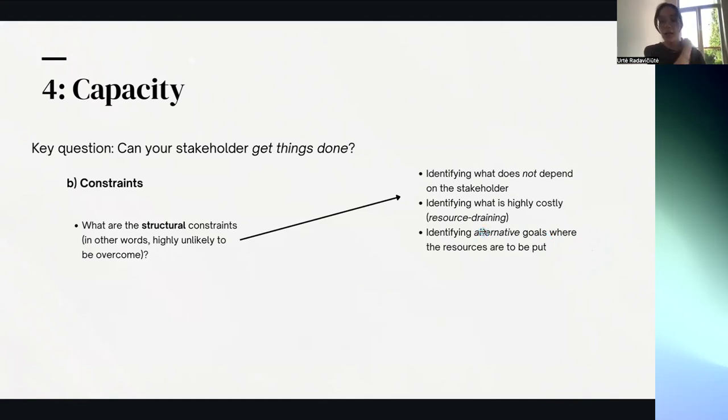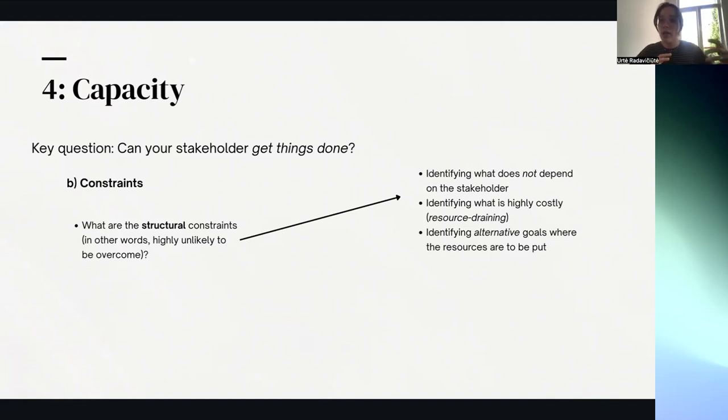And then the last bit is constraints. So the first bit is structural constraints. In other words, there are some things that you're highly unlikely to overcome. So there are some things that the stakeholder cannot change physically because they don't depend on them. There are also some things or impacts, actions that are highly costly and therefore unlikely to be taken because, for example, you have limited financial resources.